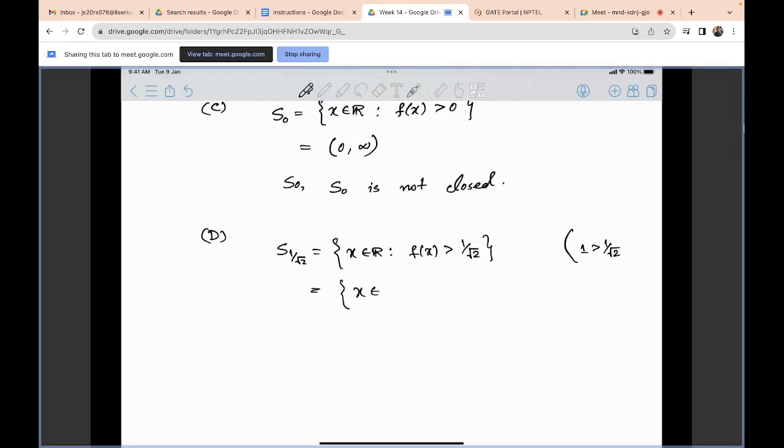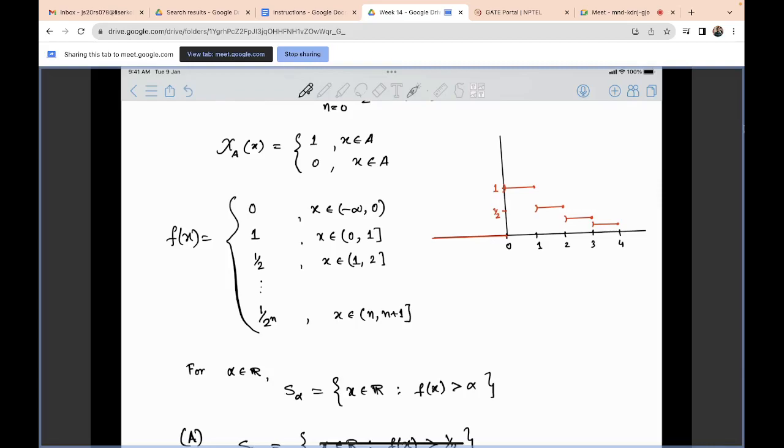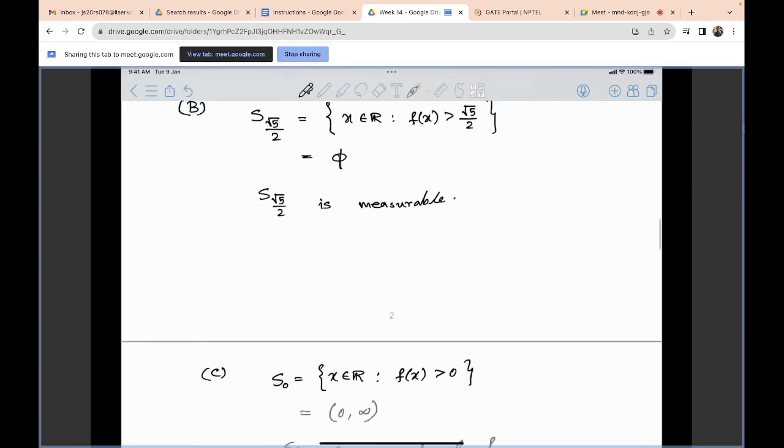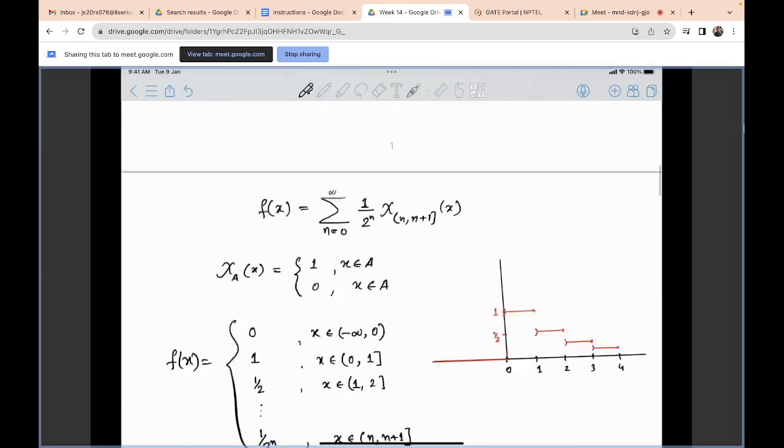So this set is the same as f(x) equals 1, which is open 0 closed 1. So this is measurable.